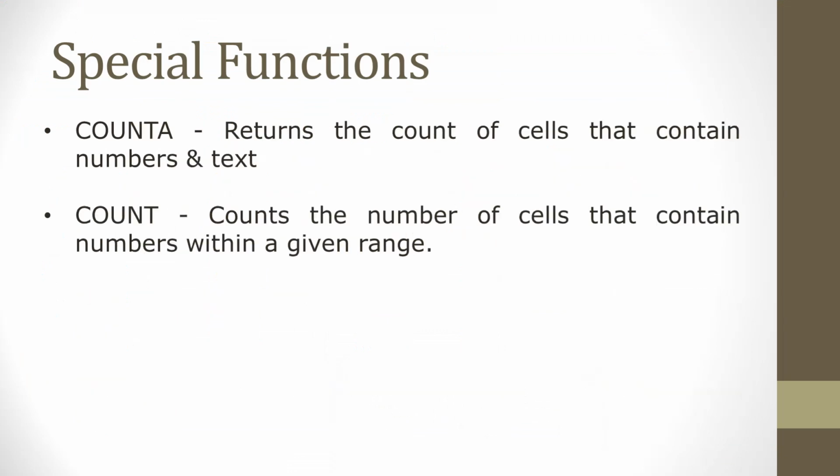And the last function is count and count A. Count A returns the count of cells that contain numbers and text, whereas count only counts cells that have numbers. So watch this.